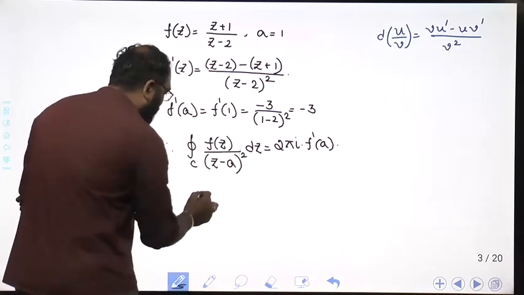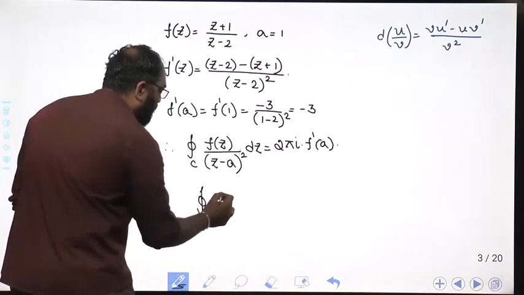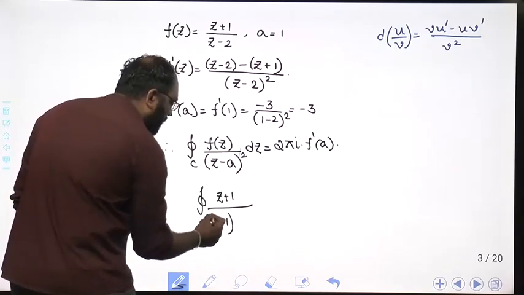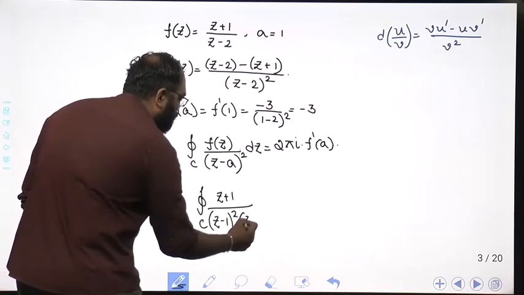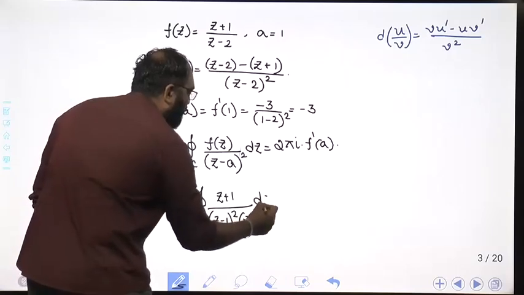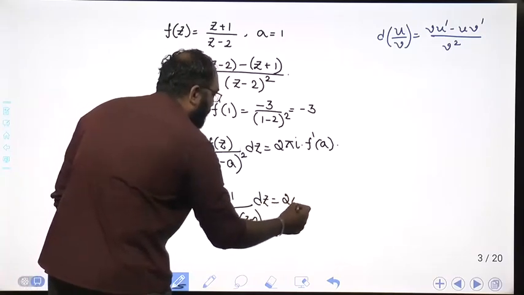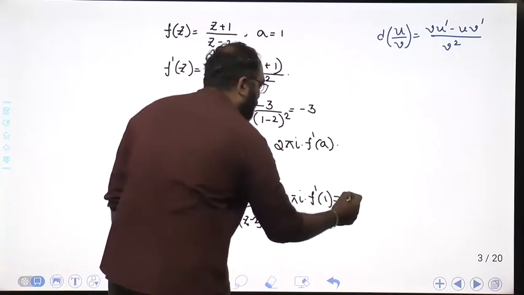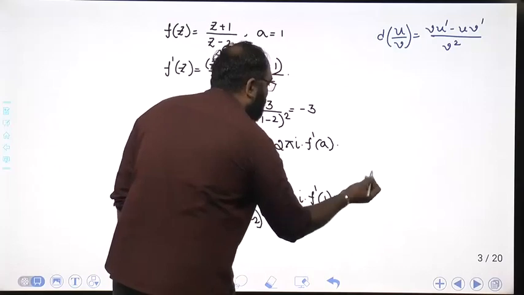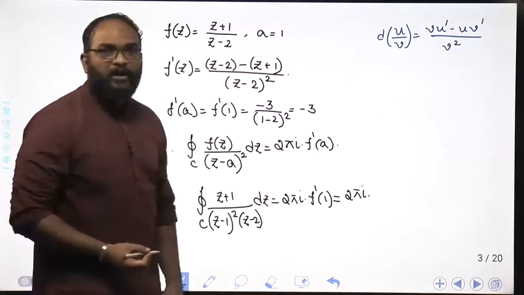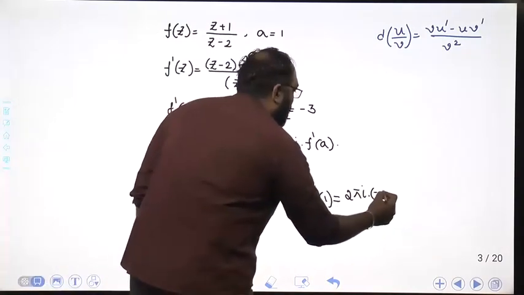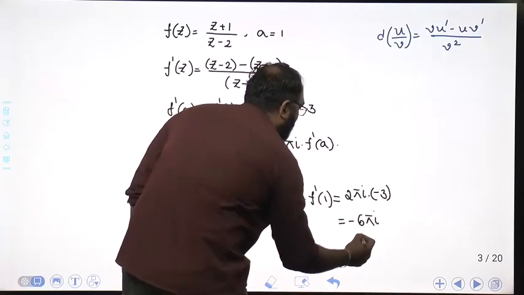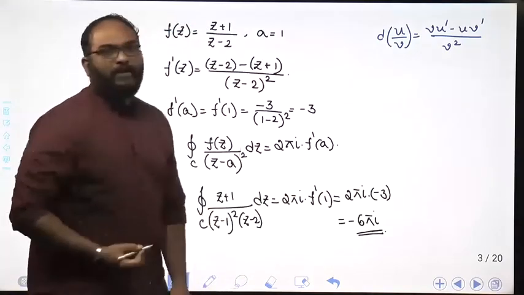So therefore, the value of the integral, that is z plus 1 by z minus 1 whole square into z minus 2 dz, is given by 2 pi I into f dash of 1, right? And that is equal to how much? 2 pi I into what is the value of f dash of 1 that we are having? Minus 3, right? And the value is how much? Minus 6 pi I is the required value of the integral.